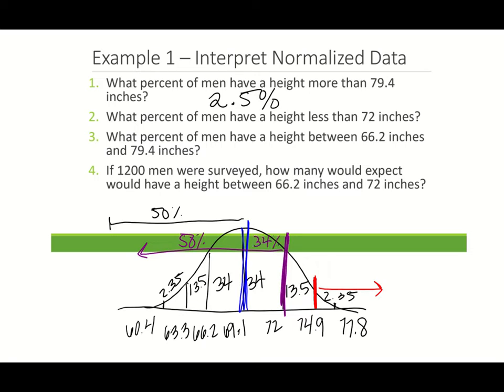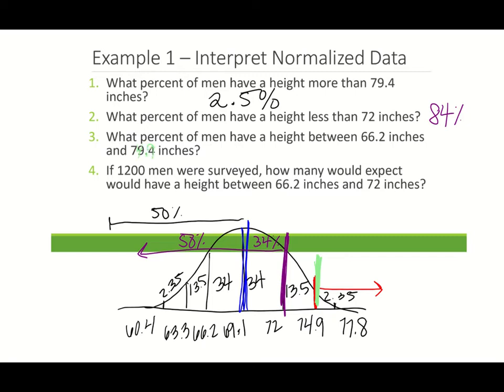So if I add those together, I would have 84% of men have a height less than 72 inches. So what percent of men have a height between two of our standard deviations? If I'm between 66.2 inches and 74.9, I'm here.